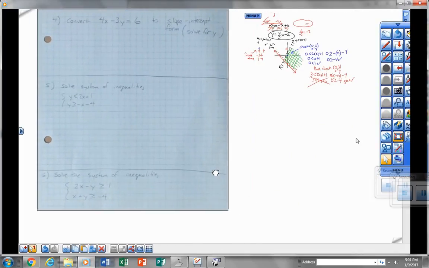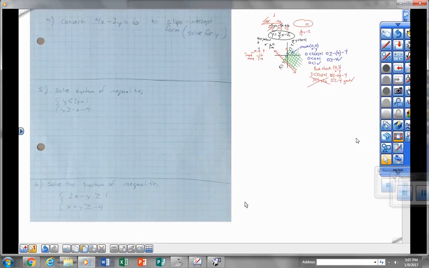And then the last one here. I'm going to solve both those inequalities for y first, and then I'm going to graph them.